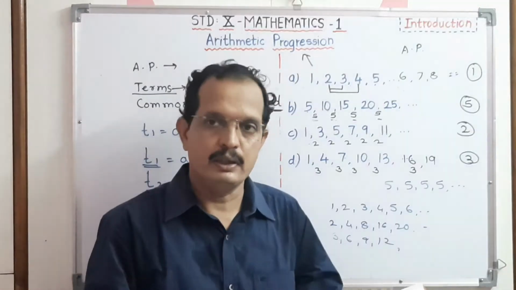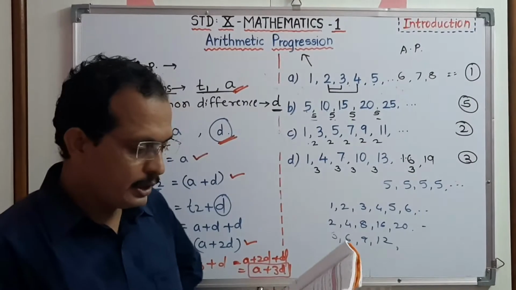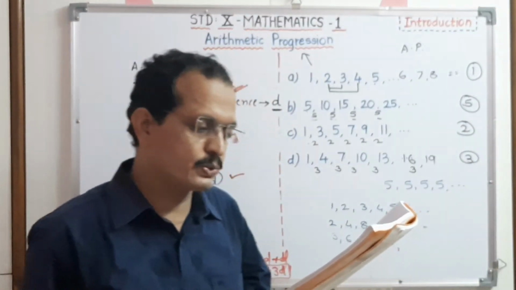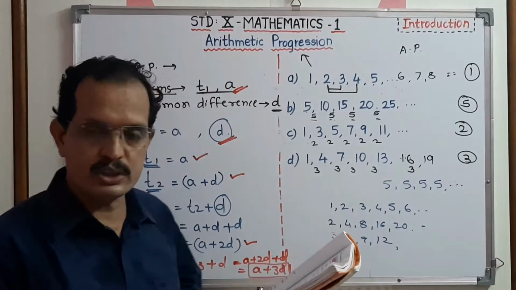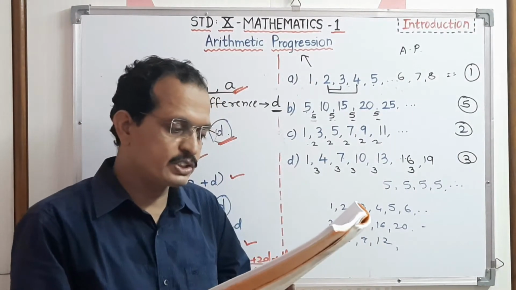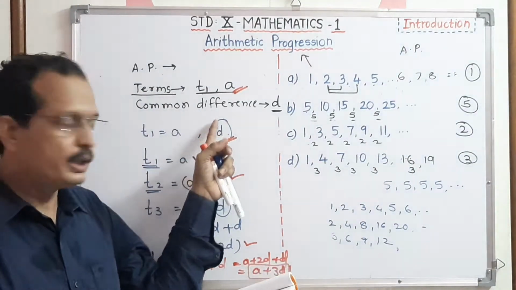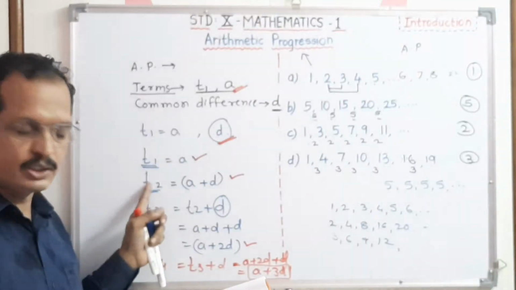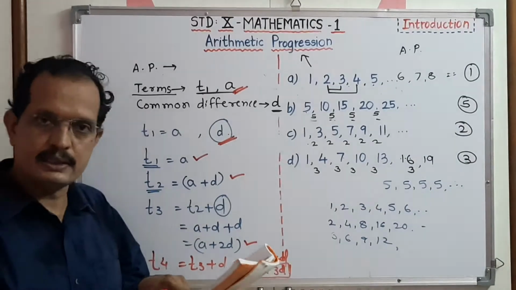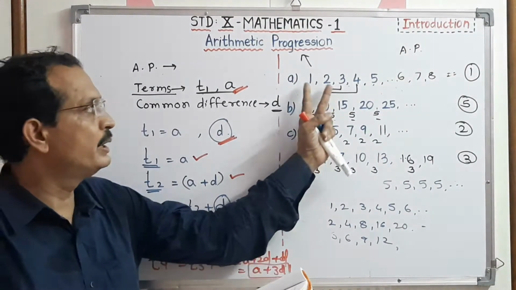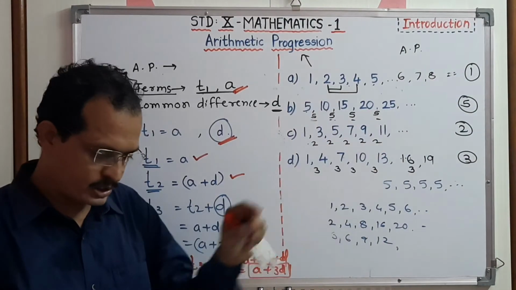Now dear students, on page number 59, let's remember is given that in a sequence, if the difference Tn plus 1 minus Tn is constant, then the sequence is called an arithmetic progression. I have told you that we have to use T2 minus T1, T3 minus T2, the same is given, that is Tn plus 1 minus Tn is constant. That means the difference between two consecutive terms is constant.